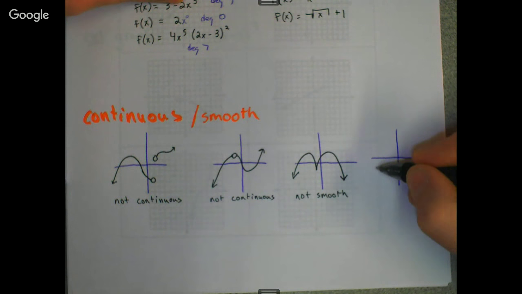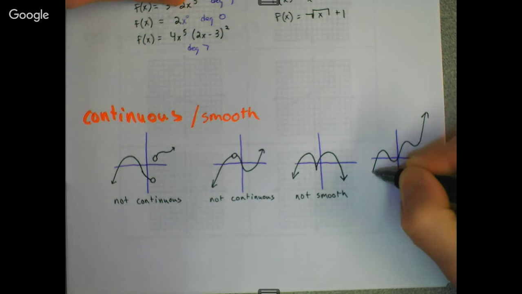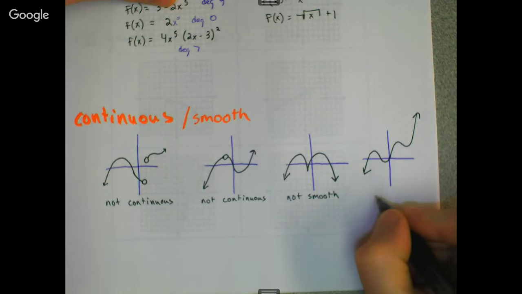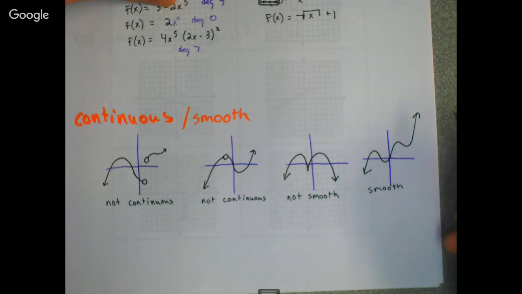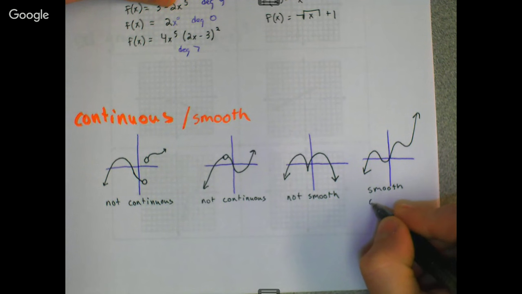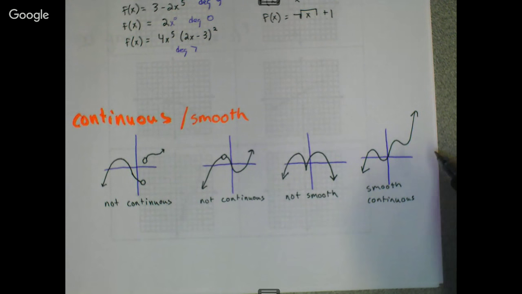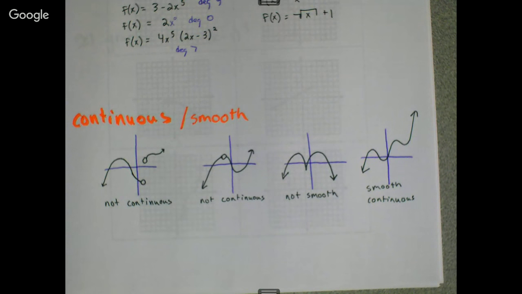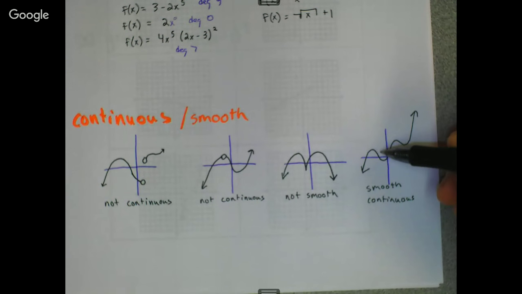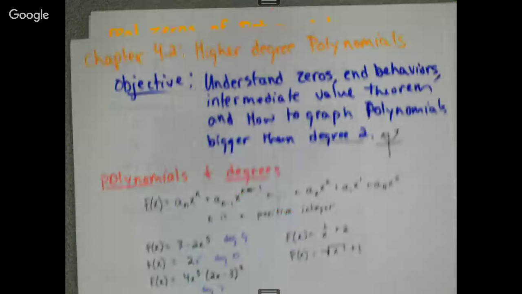Then we have something like this, and a graph like that would be ideal because it is smooth. I don't have any sharp bends or corners, and it is also continuous. These are the types of graphs that we will study in college algebra. We'll do some non-continuous ones, which are more like piecewise functions, but for right now, we're going to focus on these smooth and continuous functions or graphs.